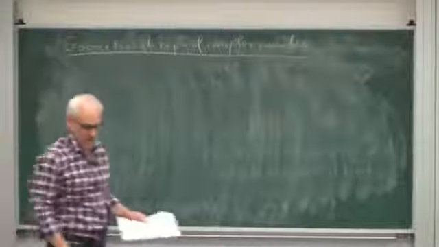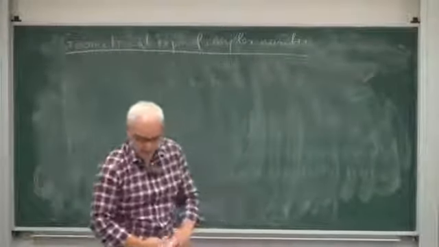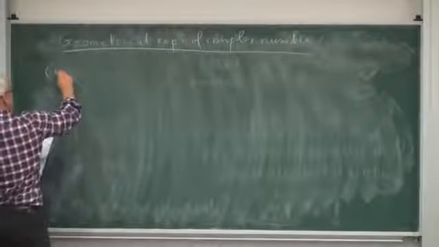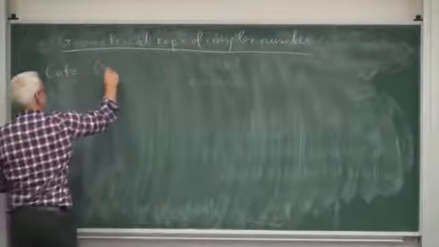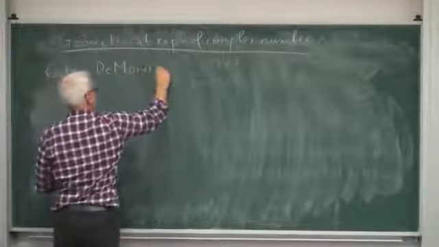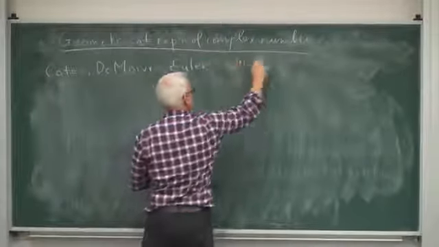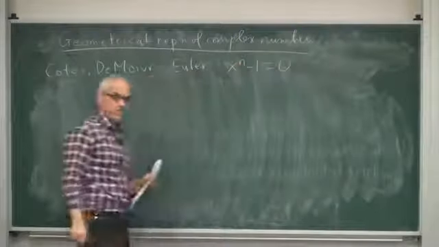It was clear from the work of quite a few people that there was something two-dimensional about complex numbers. For example, Cotes, De Moivre, and Euler all studied the equation x to the n minus 1 equals 0.